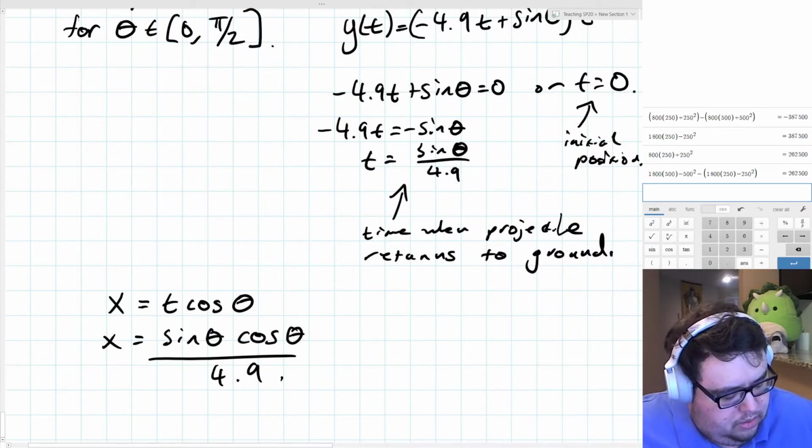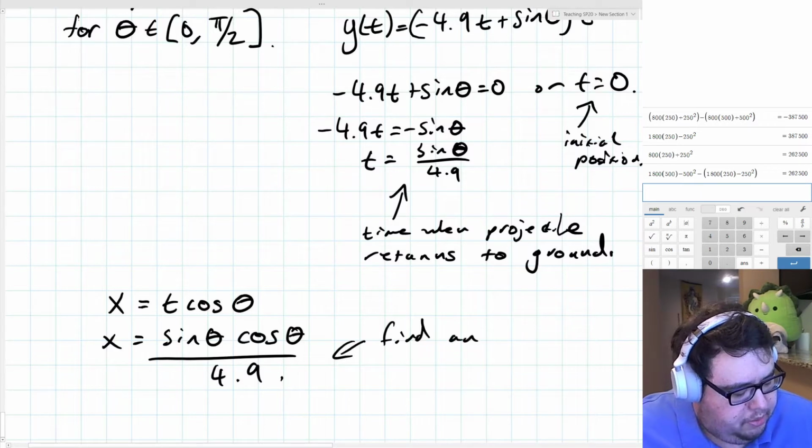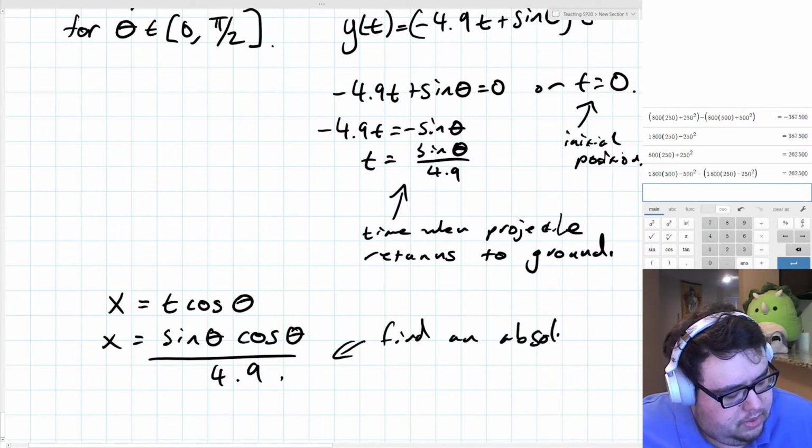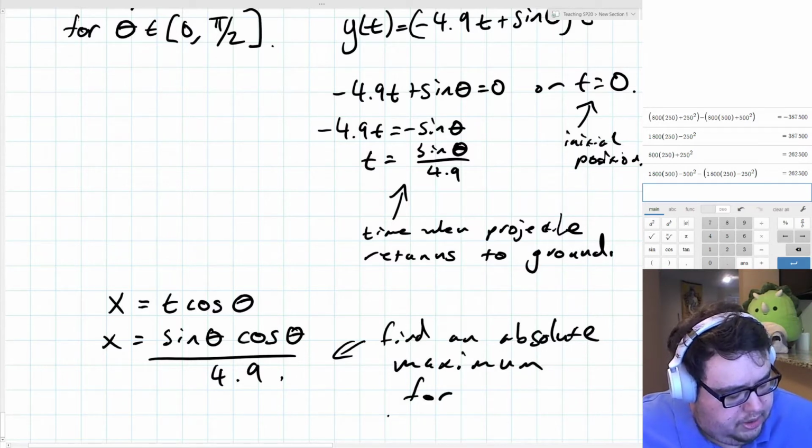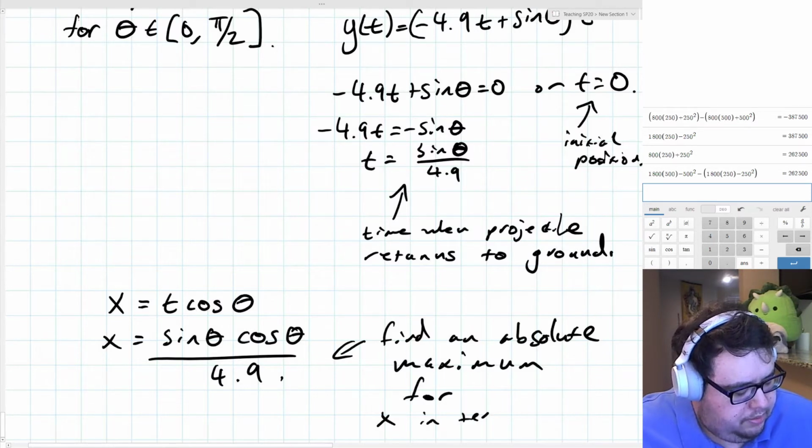And now we can find an absolute maximum for x in terms of the angle.